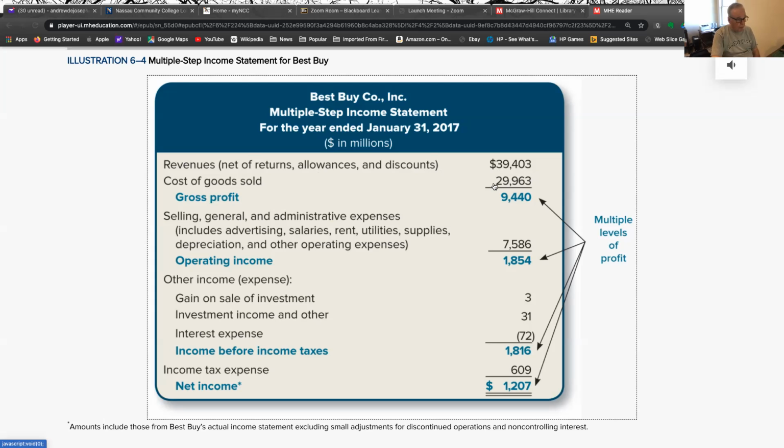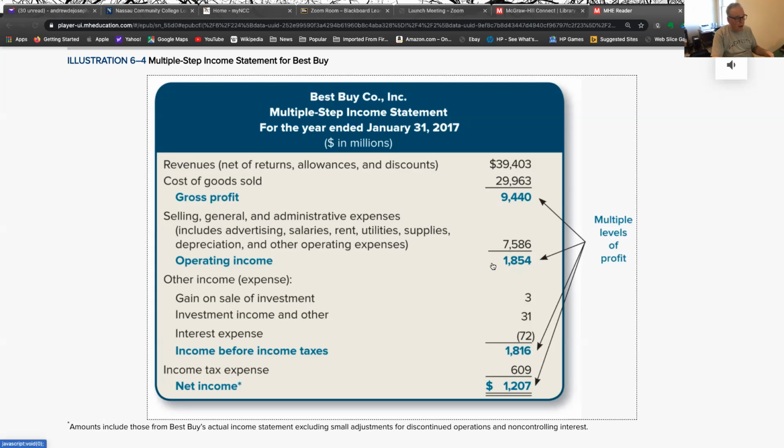Cost of goods sold, gross profit. Administrative expenses, operating income. And remember, I told you last time, this is probably the most important number on the income statement. This is the number that tells you how much profit the company made doing the thing they went into business to do.